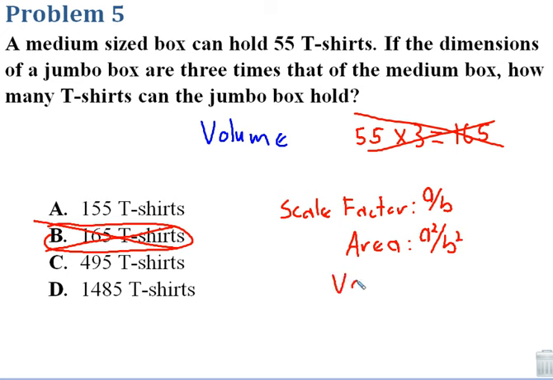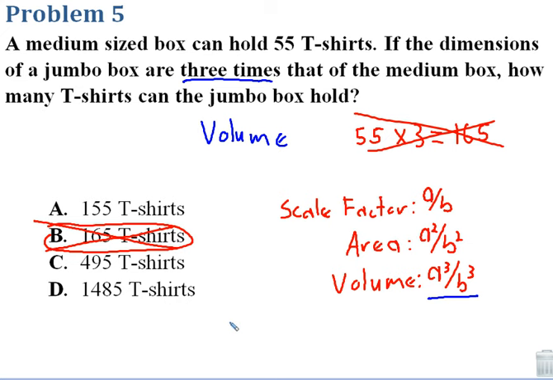Okay, and the scale factor for the volume then would actually be A to the 3rd over B to the 3rd. Okay, again, we're talking about volume, so that's what we're going to use. So our scale factor for the side lengths is 3 times the size, meaning the volume will be 3 cubed or 27 times the size.